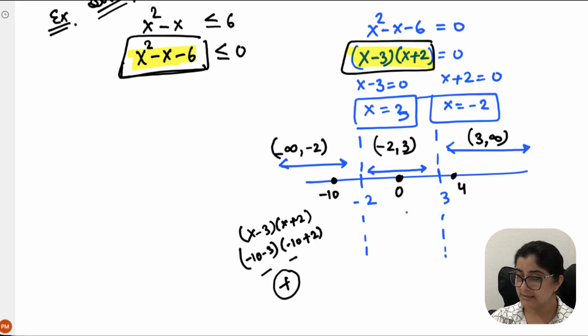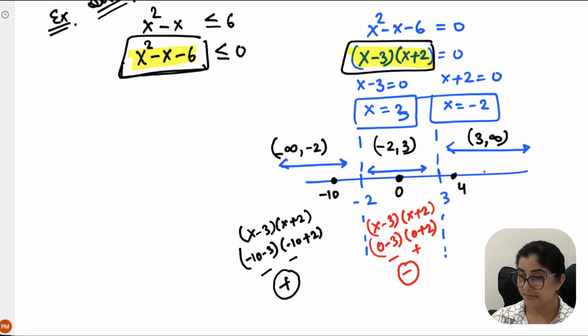What about in this interval? x minus 3 and x plus 2, and our testing x value is 0. 0 minus 3 and 0 plus 2. This is negative, this is positive. Two opposite signs give you negative. Similarly, in the third interval our testing x value is 4.